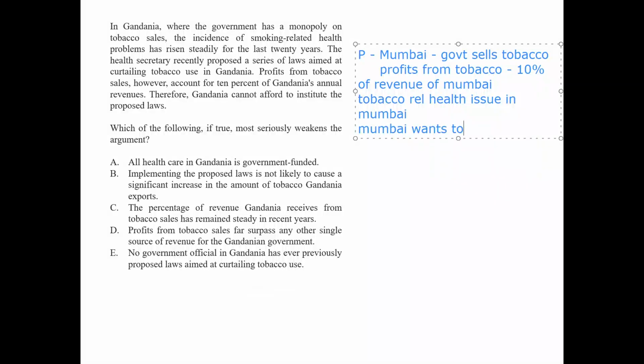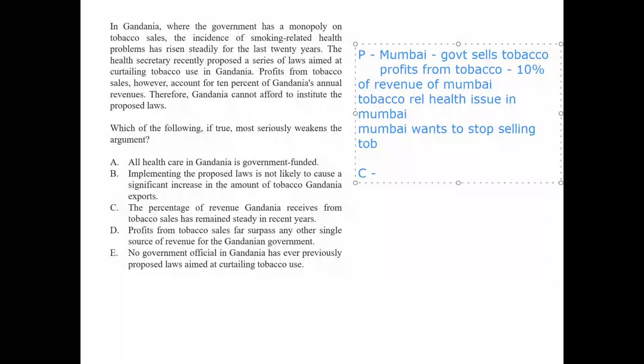Mumbai wants to stop selling tobacco, but that's not possible. Why is that not possible? Because 10% of revenue is coming from tobacco sales only. Then how can I jeopardize that? How can I risk that profit?